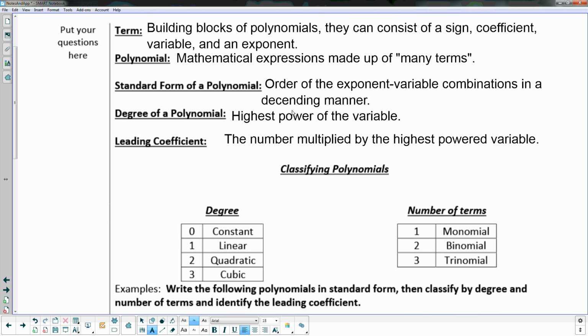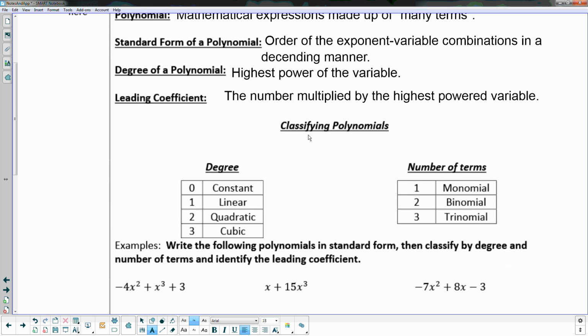Okay. Now, in doing this, we do have our first thing that we're looking at today, and that is called classifying polynomials. In other words, we're looking at how to name polynomials.